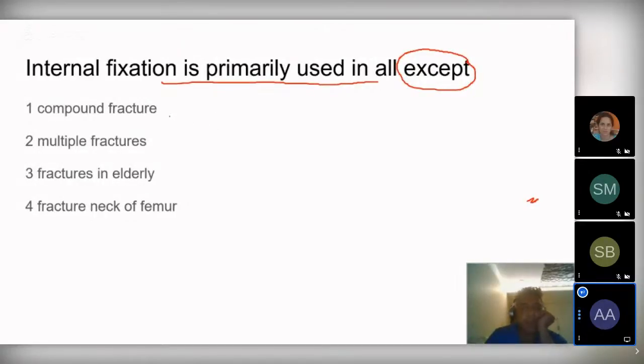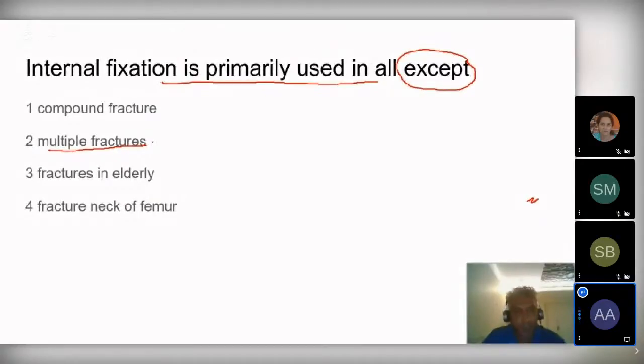Come on, even though you have never heard or read it before, try attempting the question very logically. Most of the time the choices are so illogical, you can easily arrive at the right answer. Internal fixation is very essential for multiple fractures because you can't put plaster everywhere.